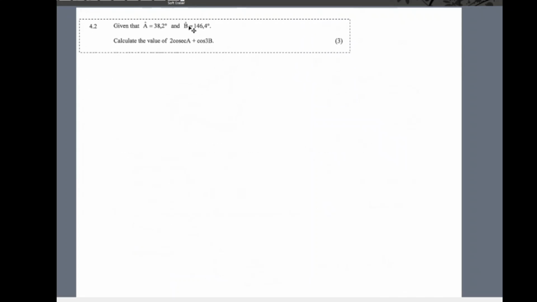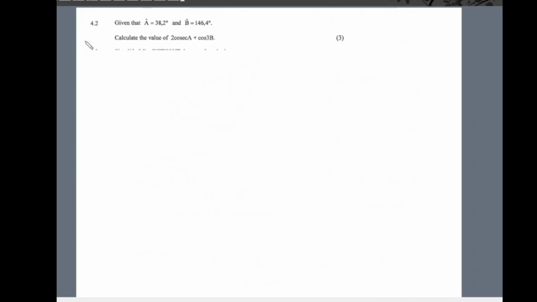So question 4.2 says, given that the angle A is 38.2 degrees and angle B is 146.4 degrees, calculate the value of 2 cosec A plus cos 3B, right?